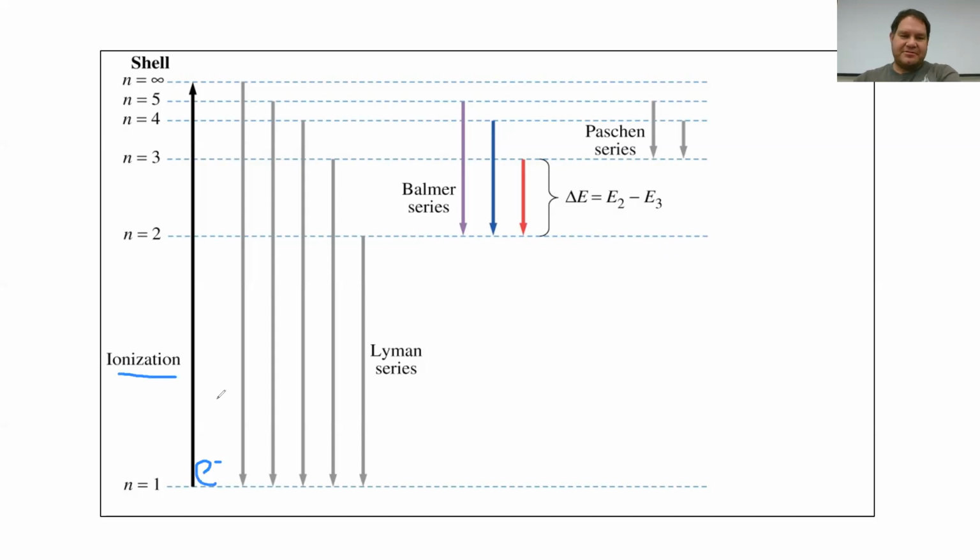So this electron here, if it's absorbing enough energy, it can be excited to a level that is infinite, meaning that it's being kicked off of the atom and ejected from it permanently. So anytime we're talking about ionization, that's what we're really referring to: the removal or ejection of an electron from an atom.